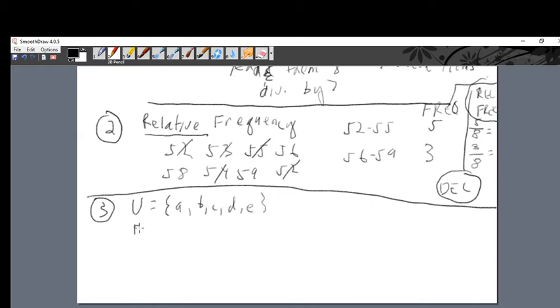You have another set B, which is part of the universe, as hopefully you remember: A and D. And finally, set C, which we'll call C and D.